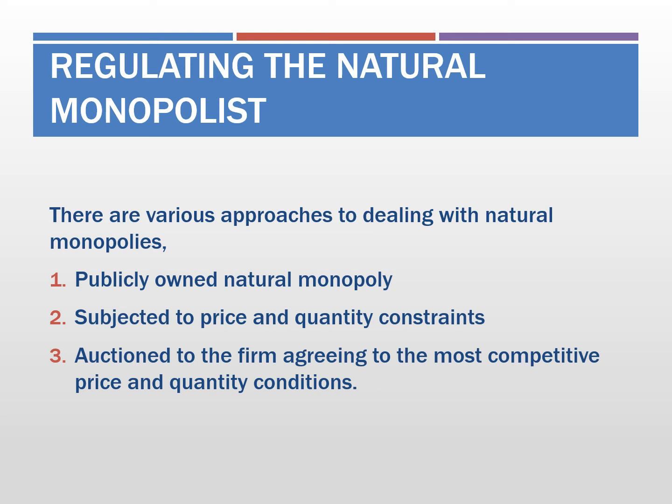Number two, subject to price and quantity constraints, we can restrict the price in the market so that the firm will not charge the monopoly price. And number three, we can hold an auction for the firm that agrees to the most competitive price and quantity conditions. Only the firm that commits to these competitive price and quantity conditions will be allowed to run the monopoly operations.